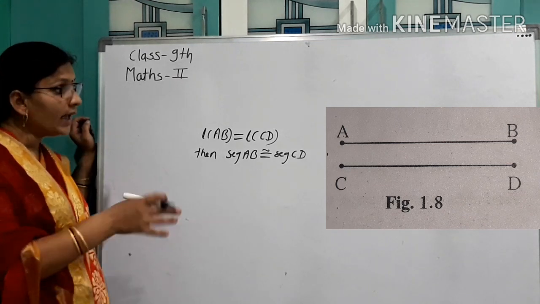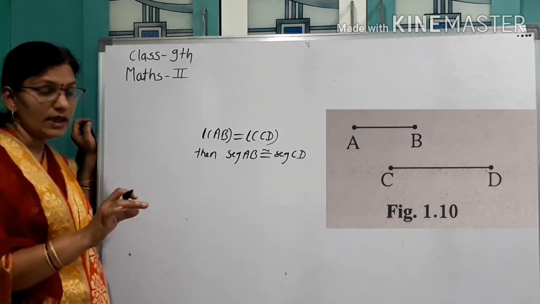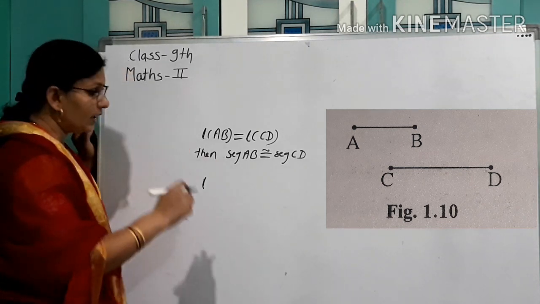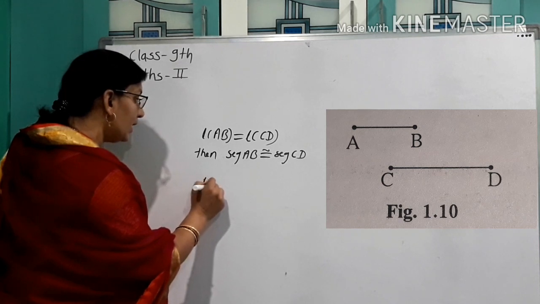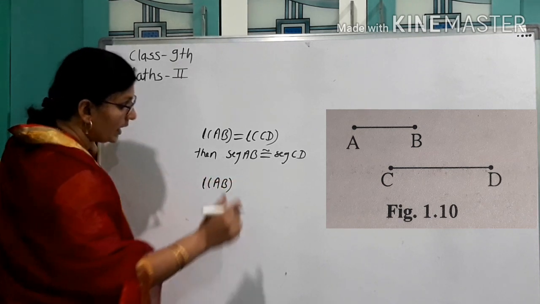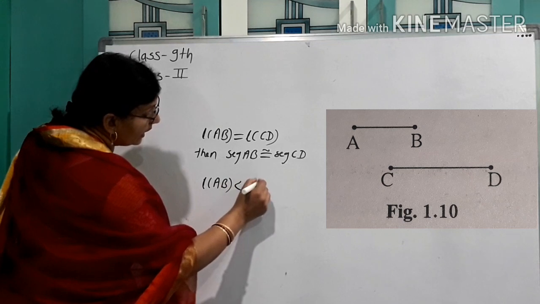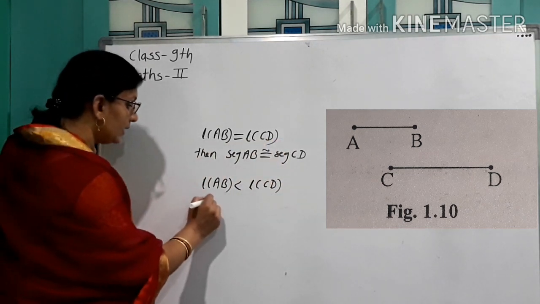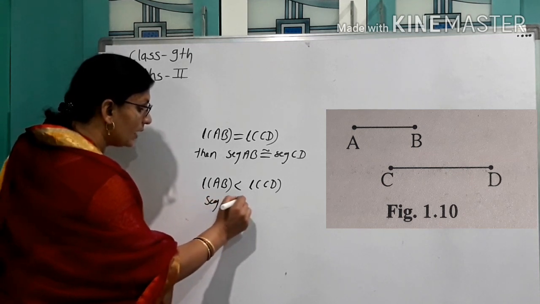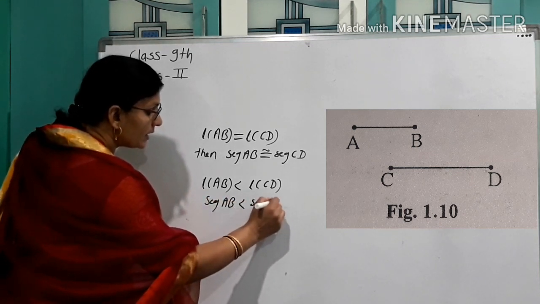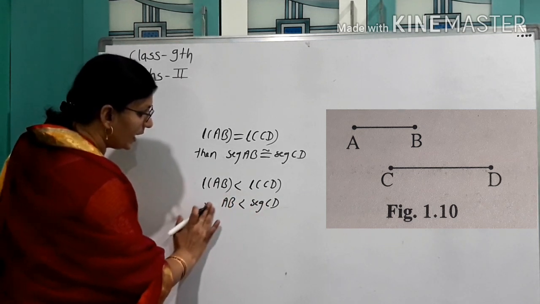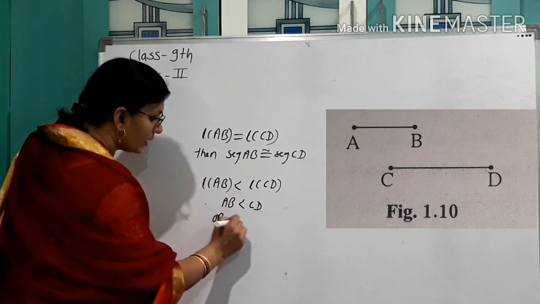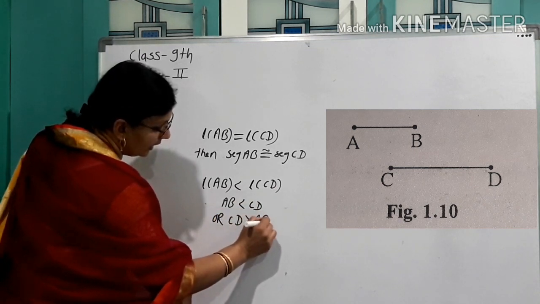And if length of AB is less than length of CD, observe the given figure alongside. If length of AB is less than length of CD, then we say that segment AB is less than segment CD, or it is written as AB is less than CD, or CD is greater than AB.